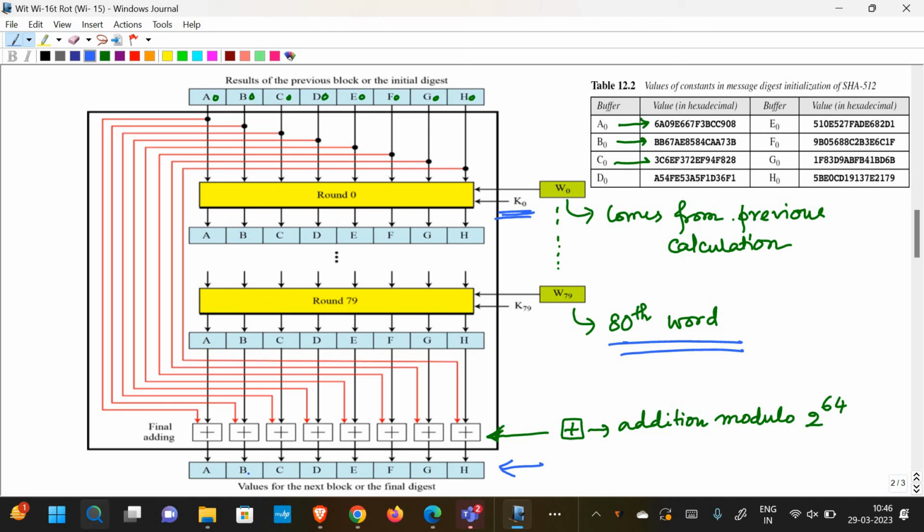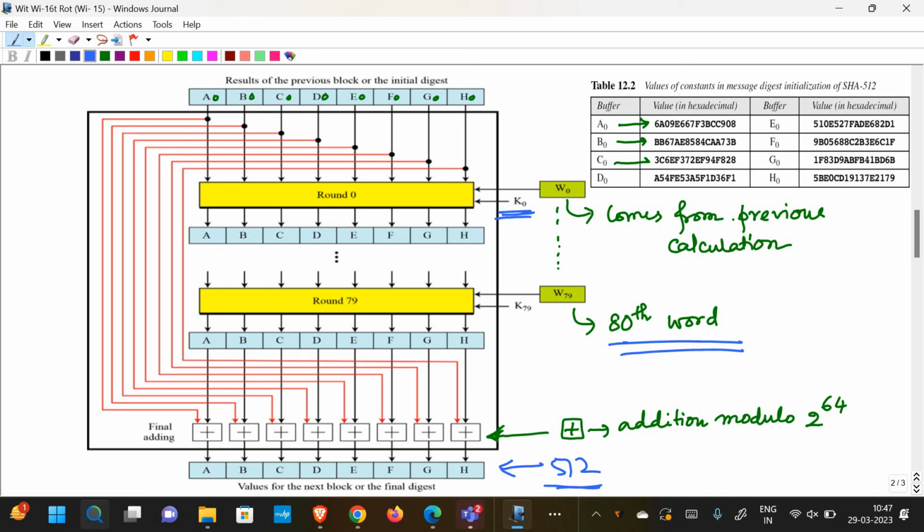This last ABCD that you are looking at is the value for the next block of the digest. So this is my 512 bits again. But in between there are 80 rounds through which the data will pass, and that is given over this whole section.